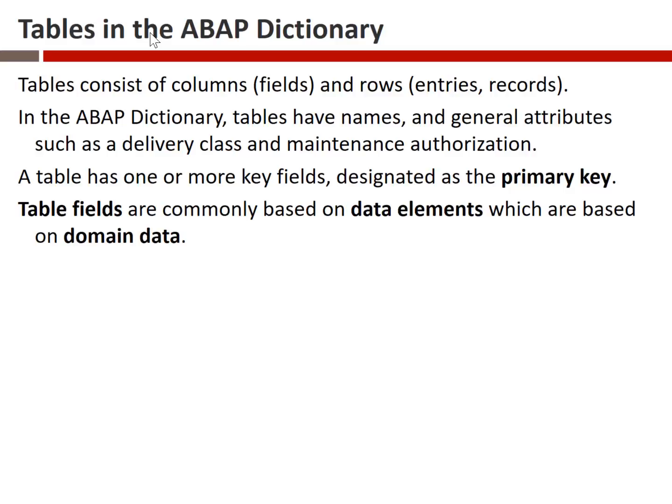Now, table fields, as we have observed already in some of your lab work, have data types associated with them. And so some of those data types are loosely defined as data elements. Sometimes, though, they leverage data types which are based on domain data.